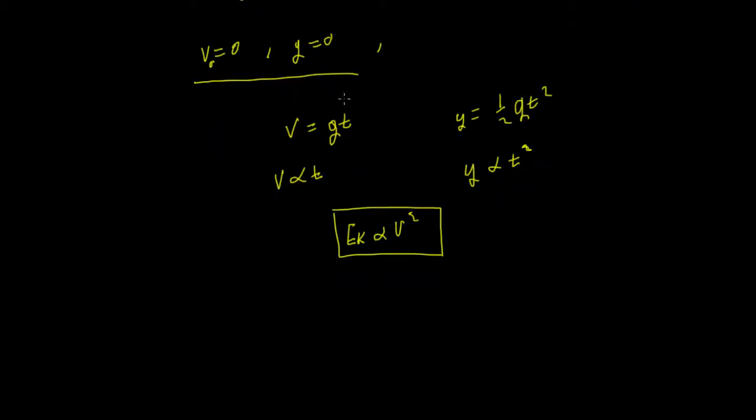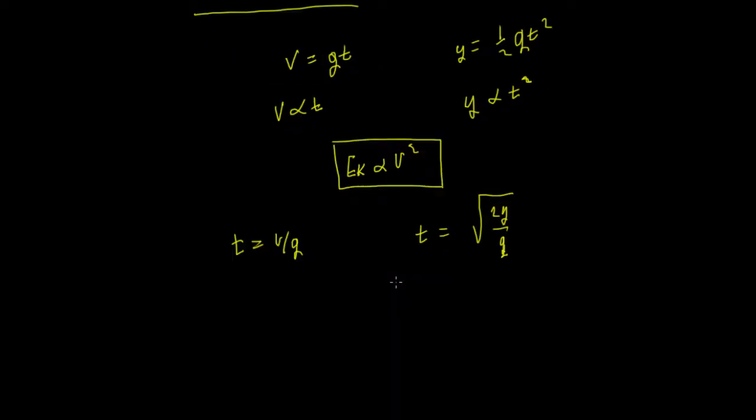So we can write this one here as t equals v upon g, and this one here we can write t equals root 2y upon g. So then we can say this equation equals that equation. So we can say that v upon g equals root 2y upon g.